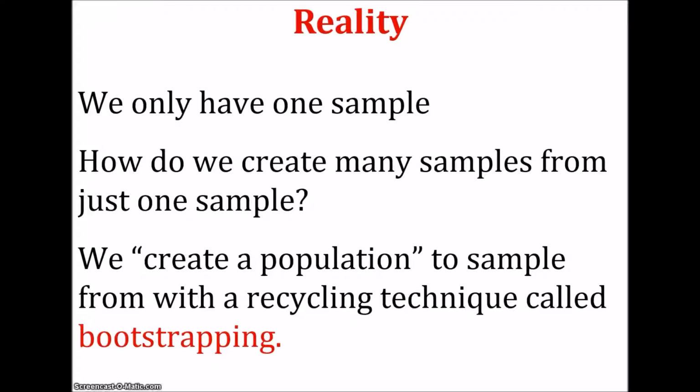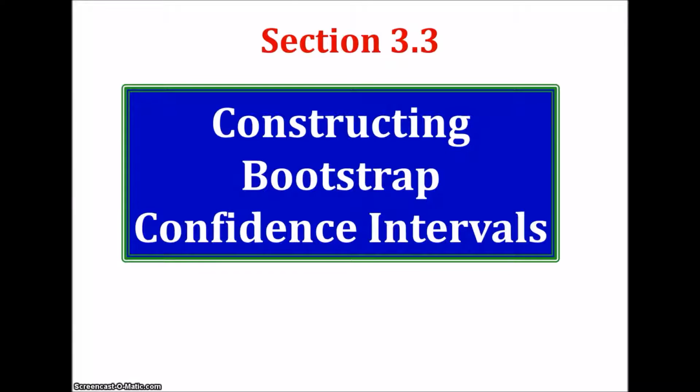And that'll be the focus of the last 2 sections of the chapter. So in section 3.3, you'll learn how to construct bootstrap confidence intervals. Bootstrapping is simply a technique that uses the original sample data in order to estimate the standard error so we can make a confidence interval.